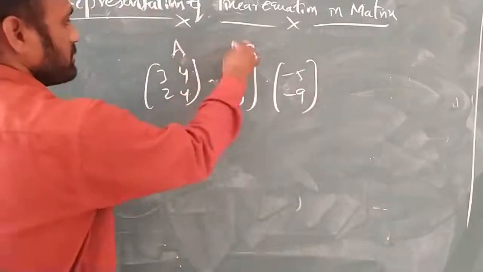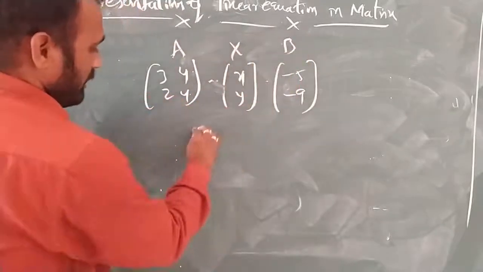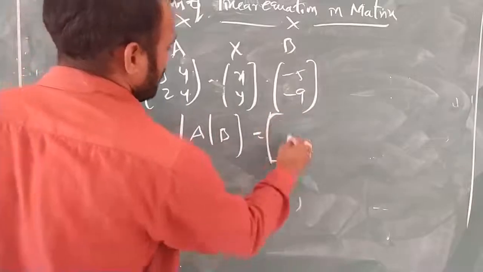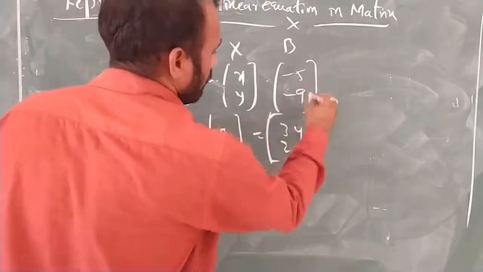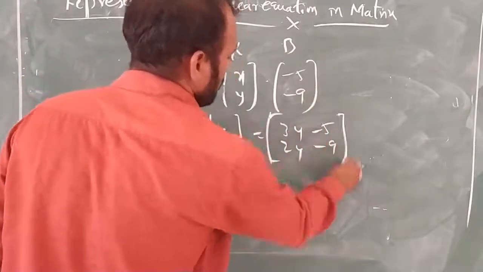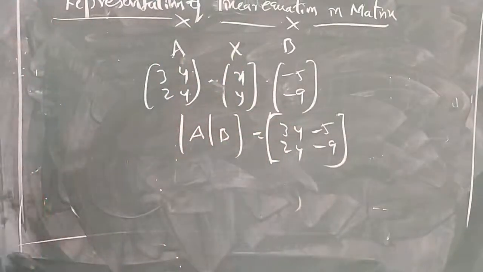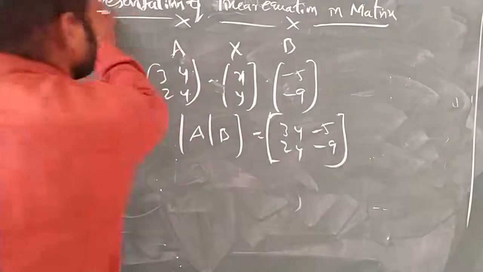Augmented matrix means, I said A by B. It means I have to take the A matrix along with the B matrix. Previously I had taken the X matrix, it's not like that. This is the augmented matrix. Now let us see the next concept here.